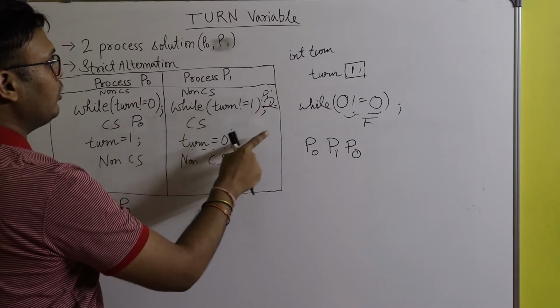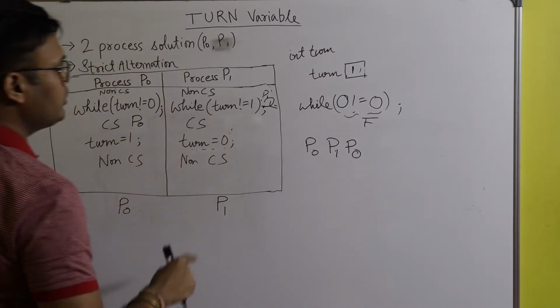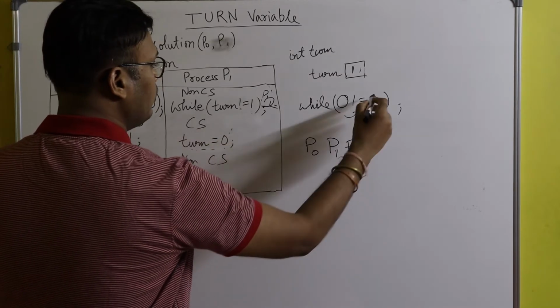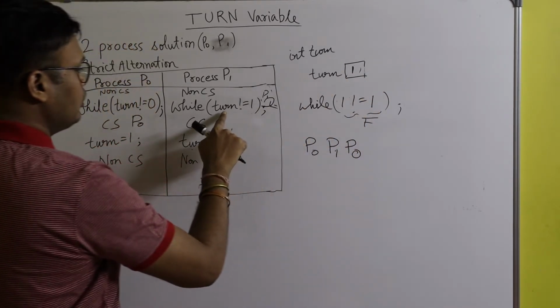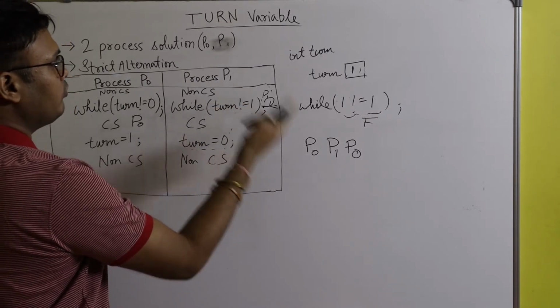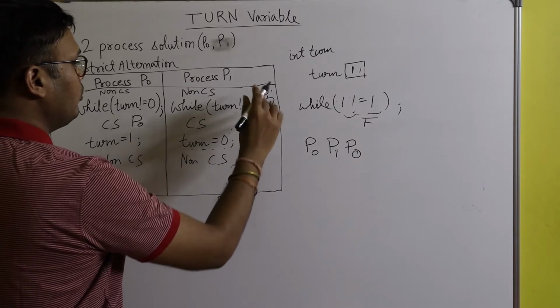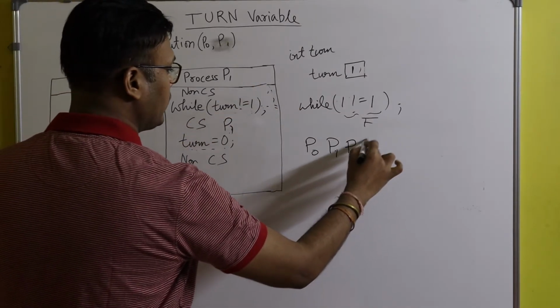P1 was stuck in the while loop, turn not equal to 1, and the value of turn is 1. So 1 not equal to 1 is a false statement. Since it's a false statement, this while loop will be broken, and now P1 entered inside the critical section. So now again P1 got the chance.